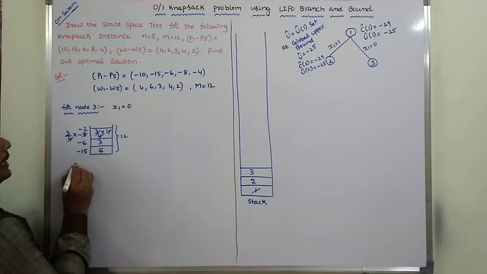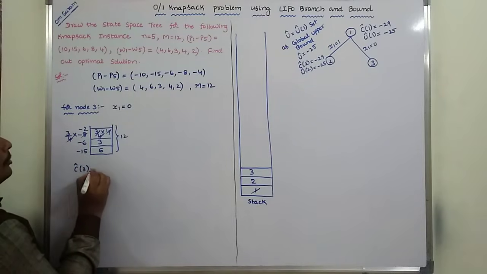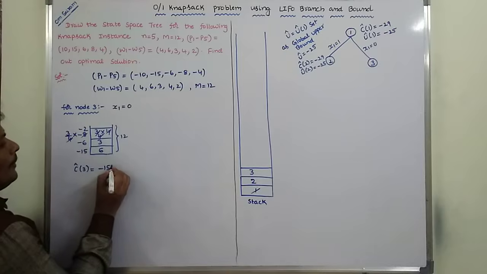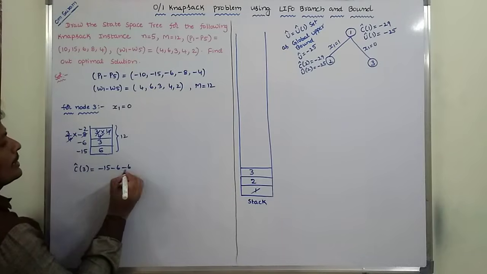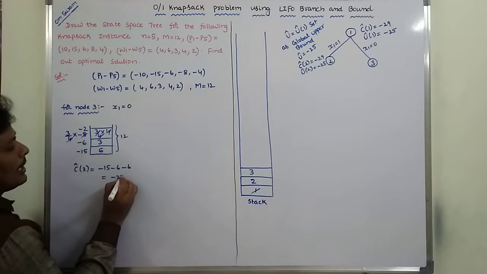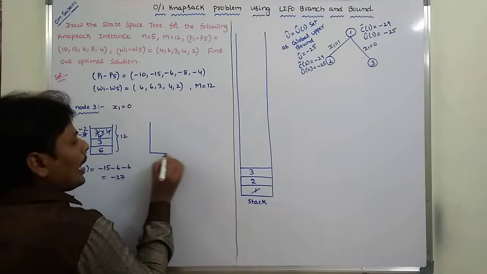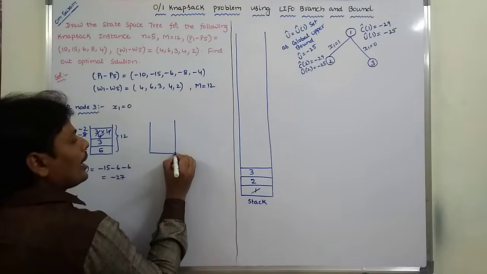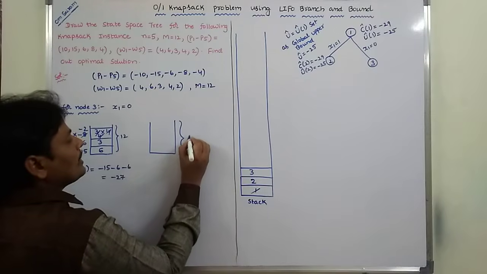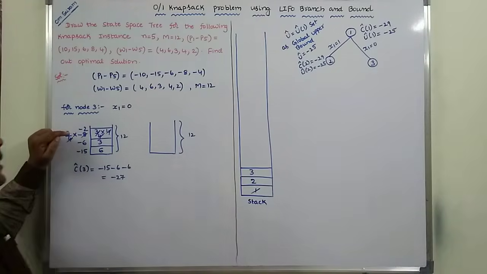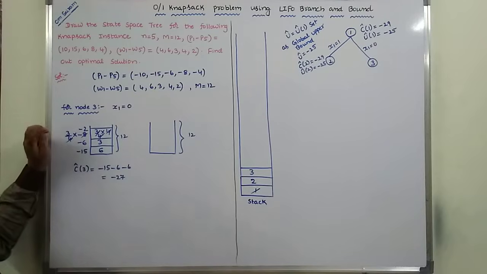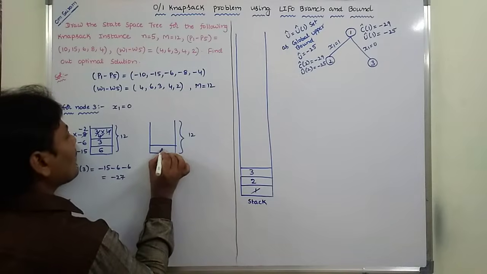So therefore C cap of 3 is equal to minus 15 minus 6 minus 6, that is equal to minus 27. Okay, while calculating U cap, fractions are not allowed. While placing the fourth object, fractions are allowed for C cap. First object is not considered. Second and third objects are placed into the knapsack.